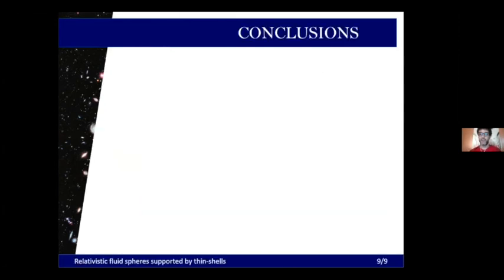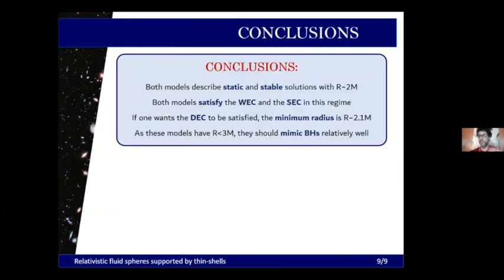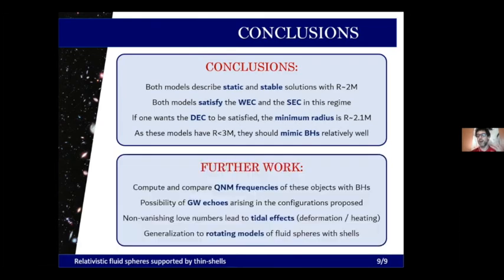And so the results are the following. The conclusions are pretty much the ones I have been saying over and over along the presentation. But there is much more work to do regarding these objects. So these objects are interesting, and they are able to replace black holes, which was the initial objective.